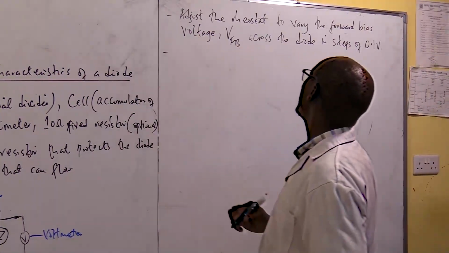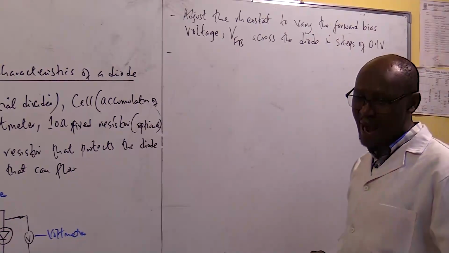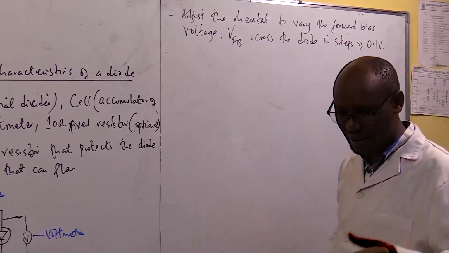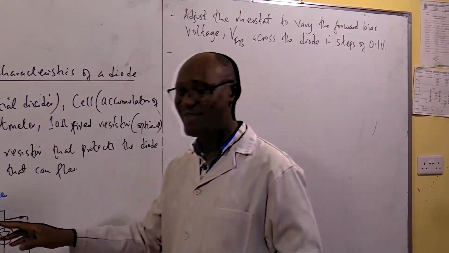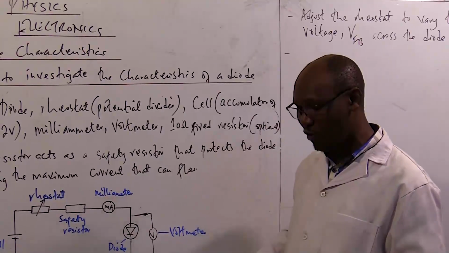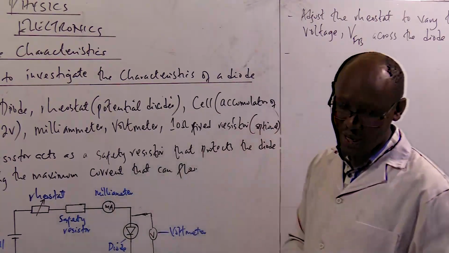Of course, when you adjust and get the forward bias voltage, you will also see a corresponding current through the diode. That will be seen on the milliammeter. As the voltage varies, the current will also be changing.